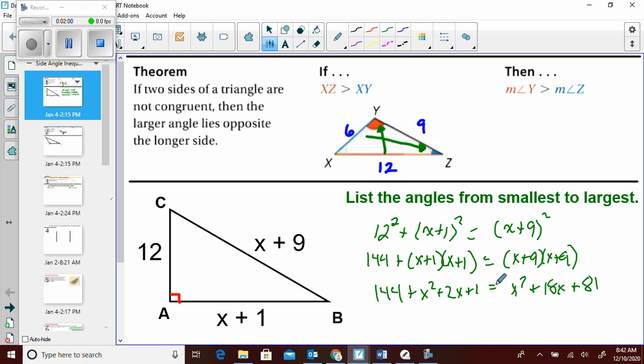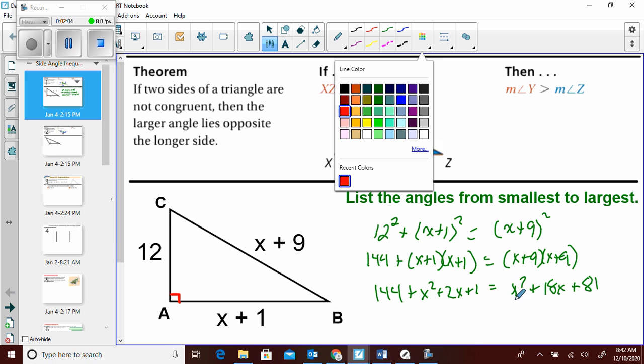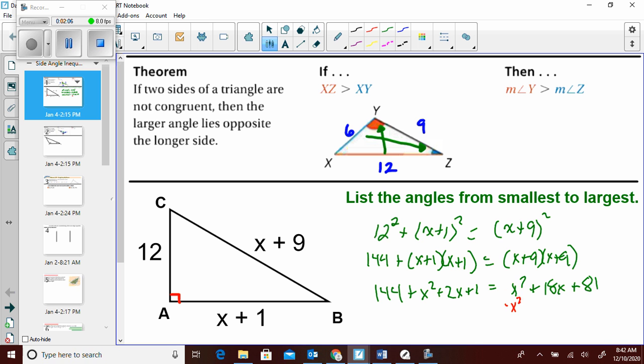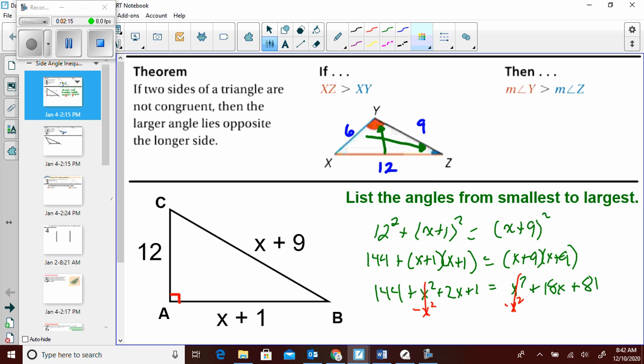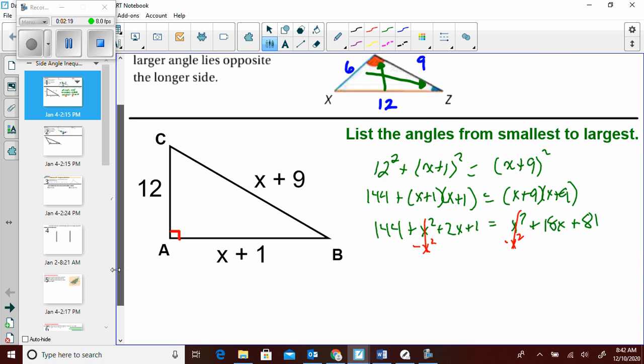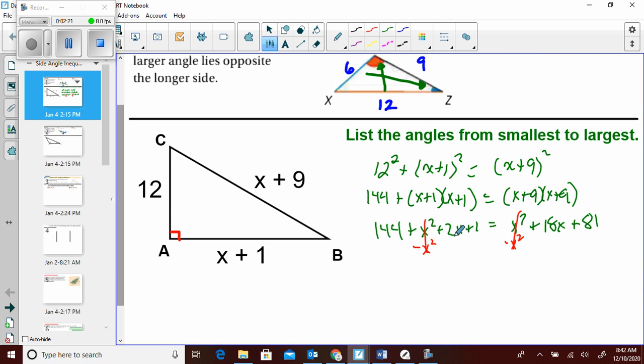I'm going to bring everything to the same side. When I subtract the x squareds, they will actually cancel each other out. Excellent, you are excellent at algebra. I'm going to bring this 2x over here and get a 16x.